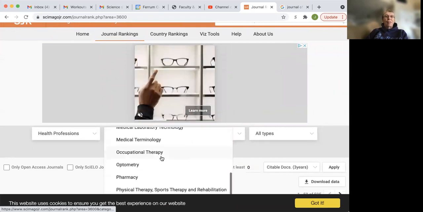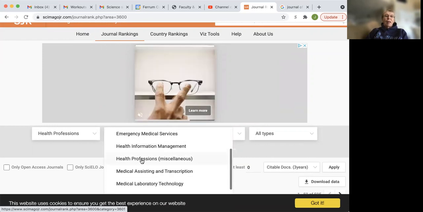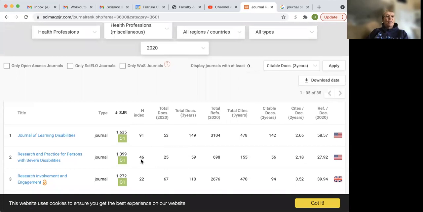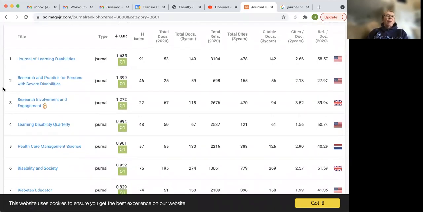I actually didn't see anything specifically under nursing in here, so I just went to health professions miscellaneous and looked at the rankings here. In the miscellaneous ones, we've got Journal of Learning Disabilities as the most highly cited journal, and its impact factor is only 1.63. So on average, these articles are only being cited 1.5 times.